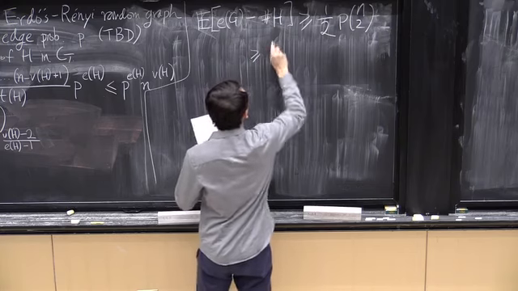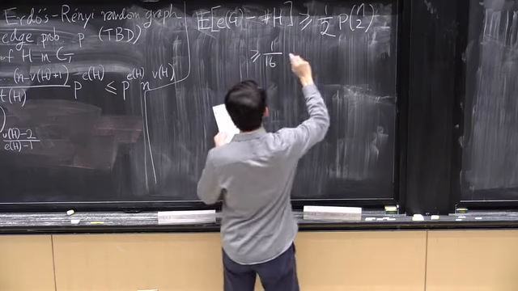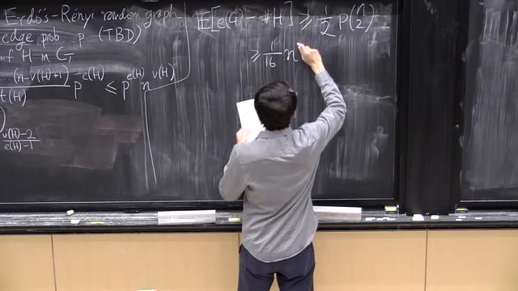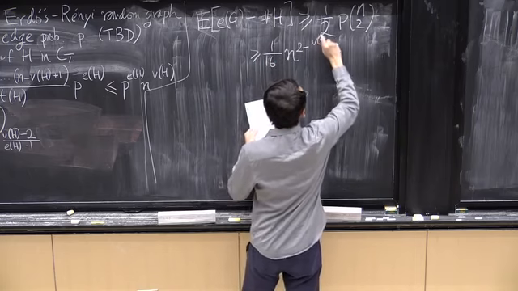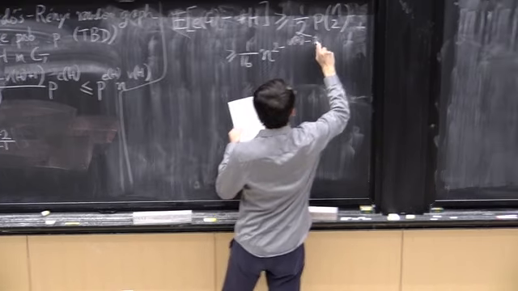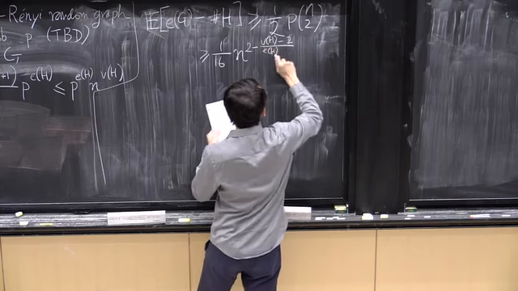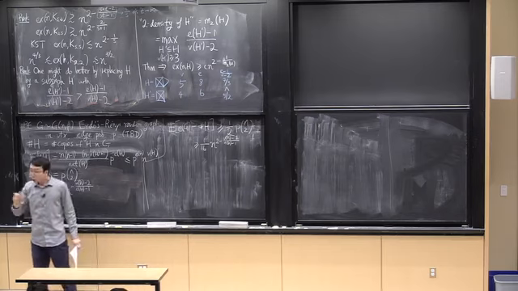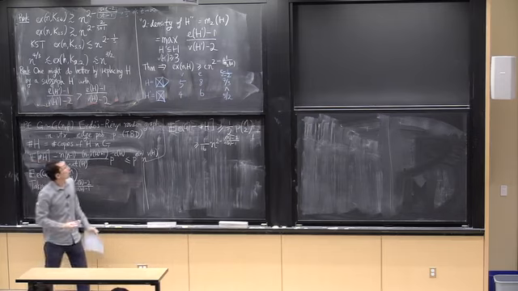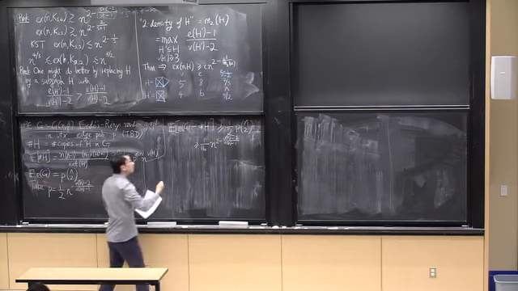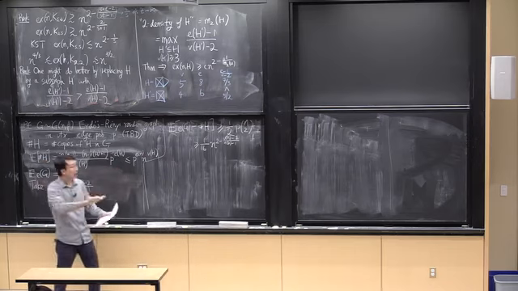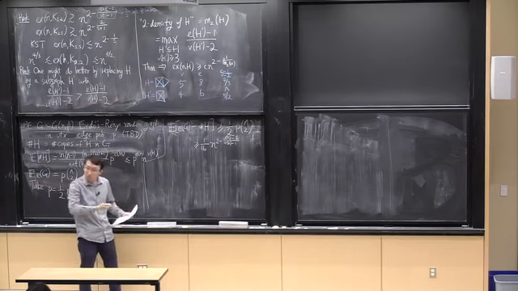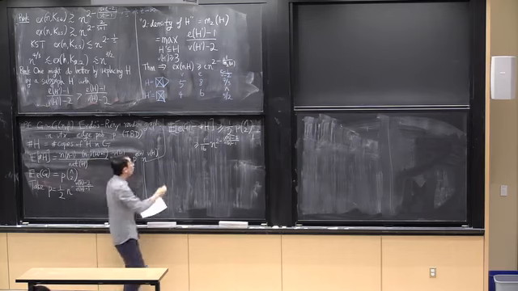We find that this quantity here is at least some constant times n to the 2 minus (v of H minus 2) divided by (e of H minus 1). We're still working with a random graph. And we know that this quantity here is on expectation at least that number, so not too small.